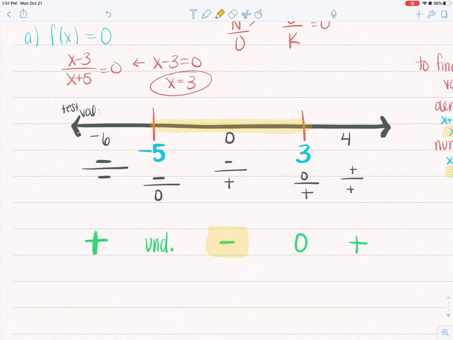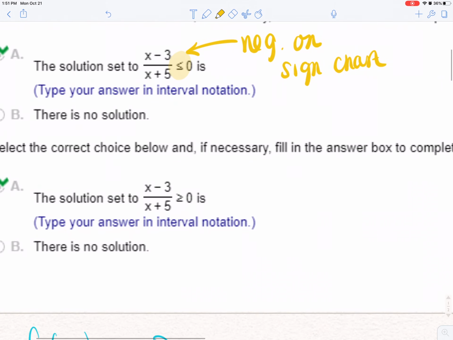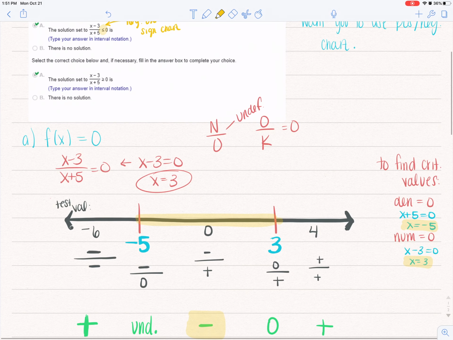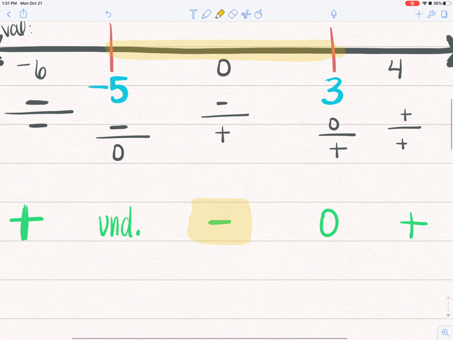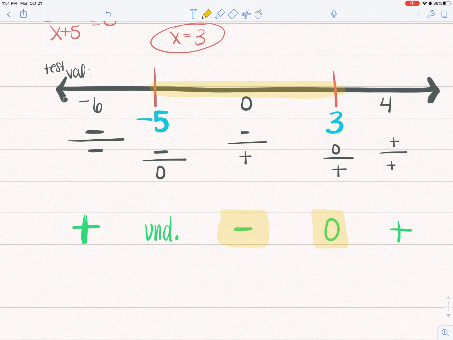Now, I have to say in my math lab that interval. Now remember, up here it said less than or equal to 0. So anywhere that there's a 0, like right here, that counts because it said less than or equal to. So my interval is going to be negative 5, parenthesis, up to 3, because it is negative and 0.